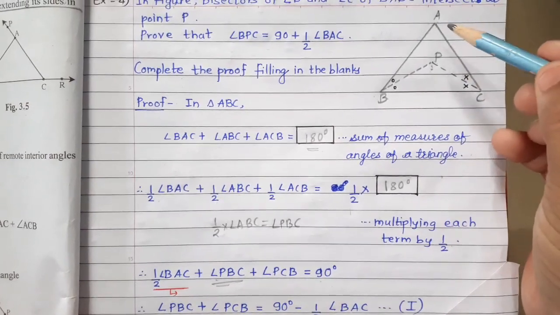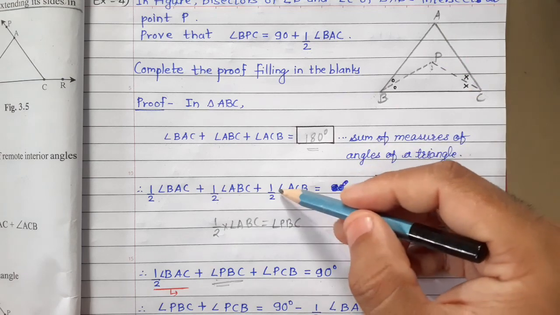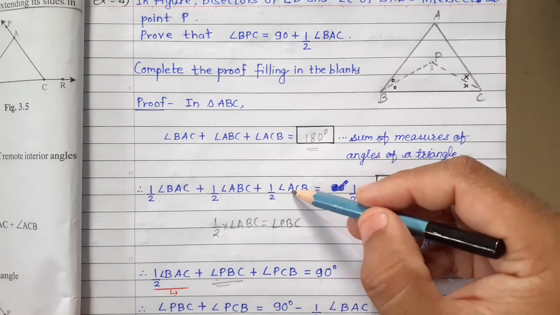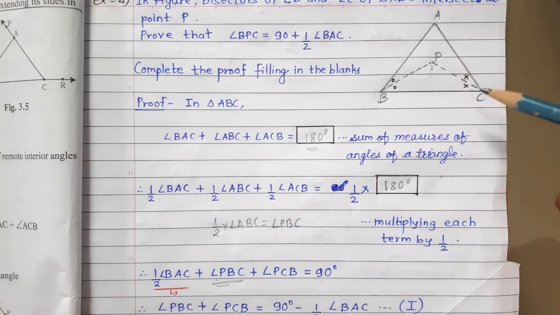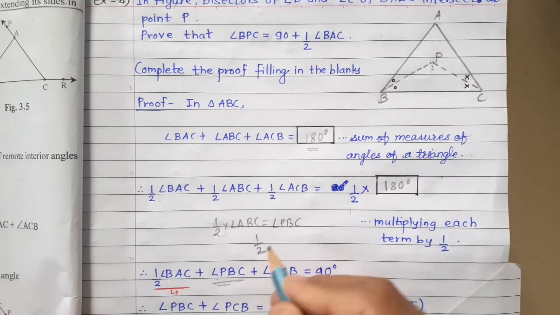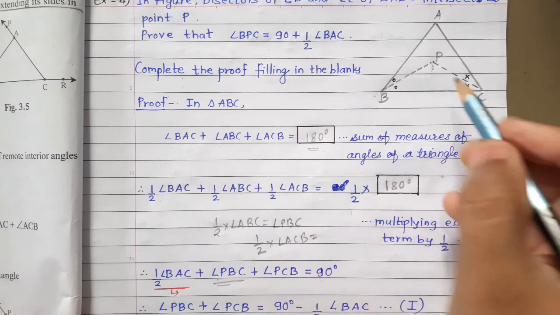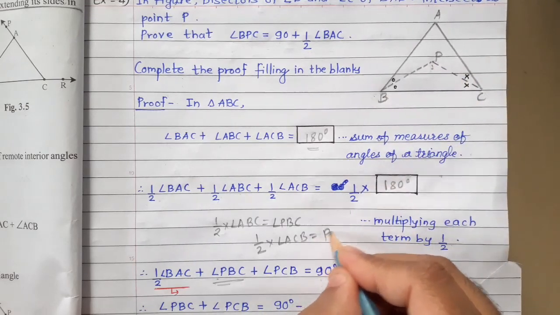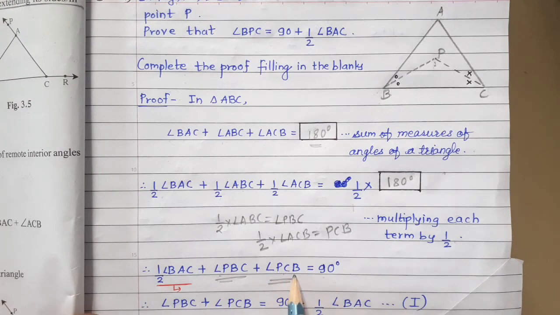Similarly, angle ACB has two equal parts due to the bisector, angle ACP and angle PCB. So 1 upon 2 multiplied by angle ACB is equal to angle PCB.